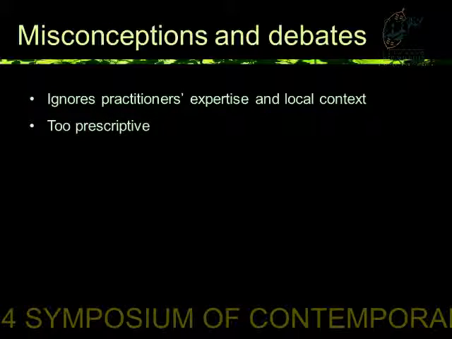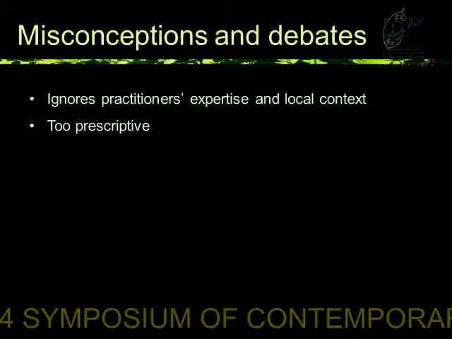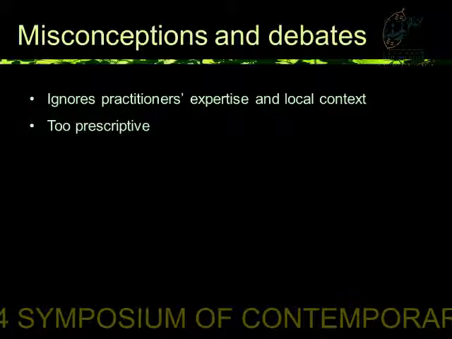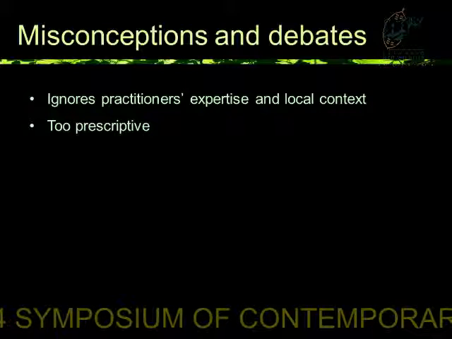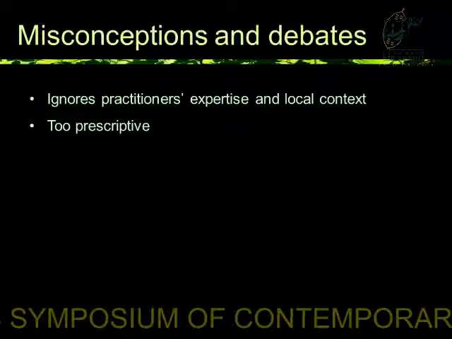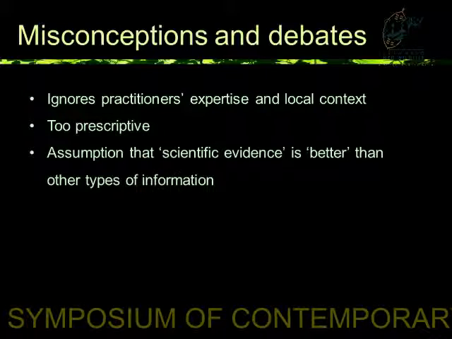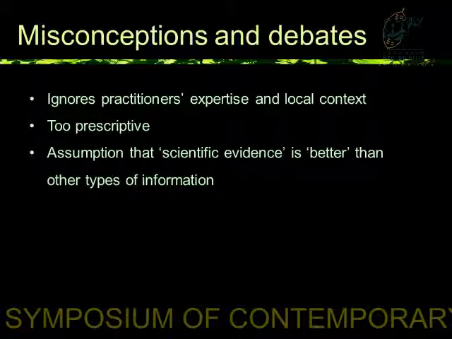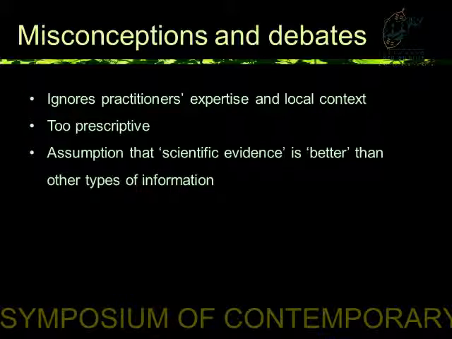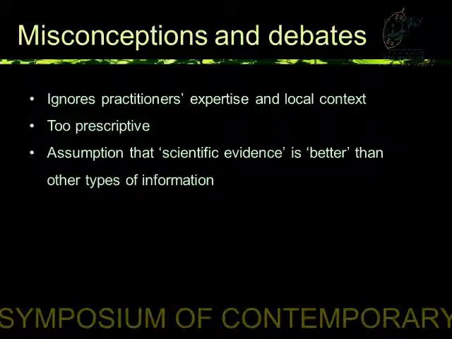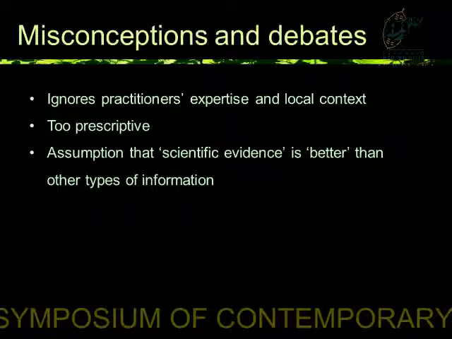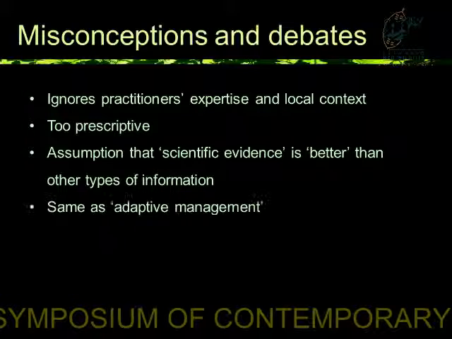So I won't go into too much detail, but some of the things people say are that it ignores practitioners' expertise and local context, but I just showed you that was part of the process of making the management decision. It's too prescriptive. There's an assumption that the scientific evidence is better than other types of information. And we're developing methods of how we can put both scientific information and, say, local knowledge together.